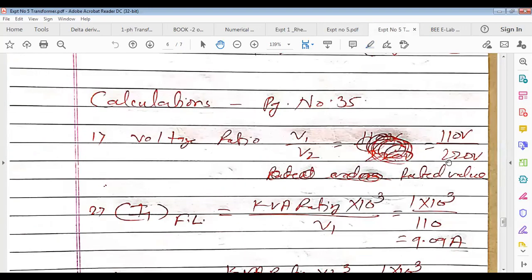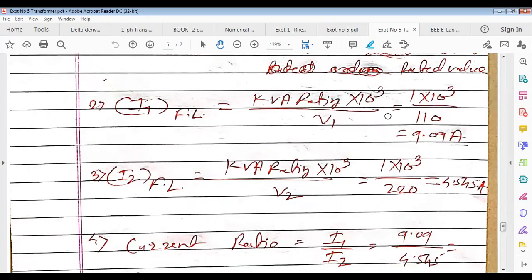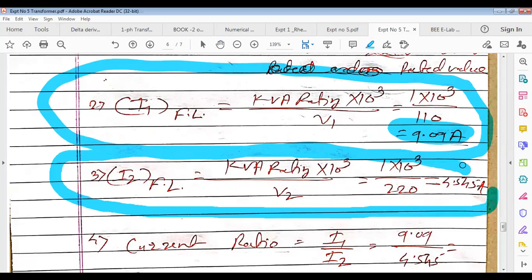See here, this one we have seen in theory also. I1 full load, this is the formula. Transformer is of 1 kVA, V1 is 110 volt, so through the primary only this maximum current you can pass. Similarly, on the secondary, 220 volt, 1 kVA transformer, 4.545, you will get the secondary winding full load current, so through the secondary you can pass this current only. 4.54 through the secondary and through the primary maximum 9.09.